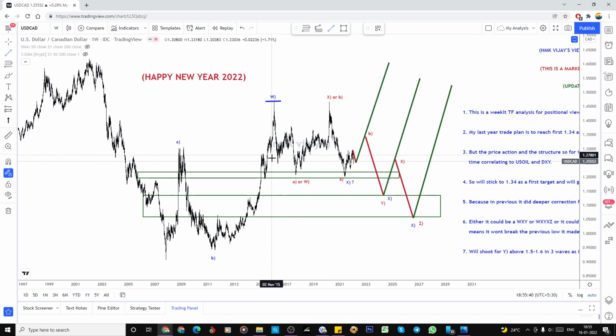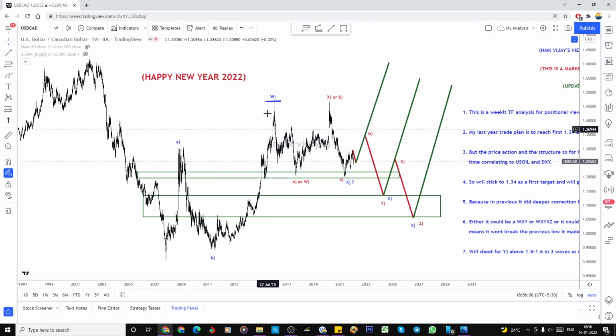So this is the 5, later onwards 3 and 5, and immediately it bounced and broke the previous anchor. So it looks like here it is in the correction only. We are in the connecting wave for this correction part. It's a bigger correction.